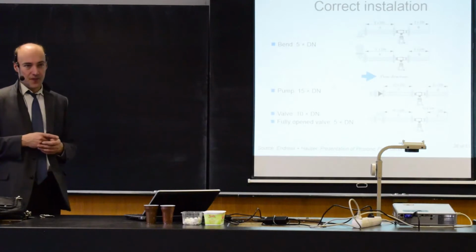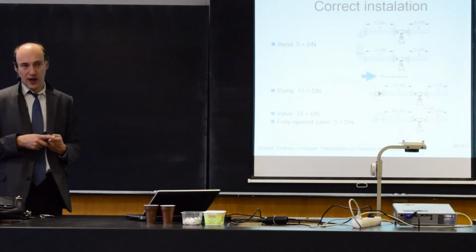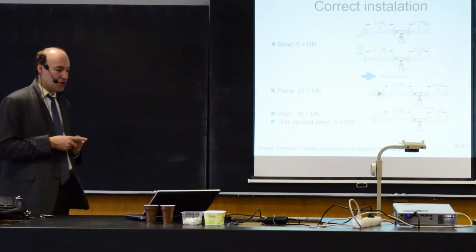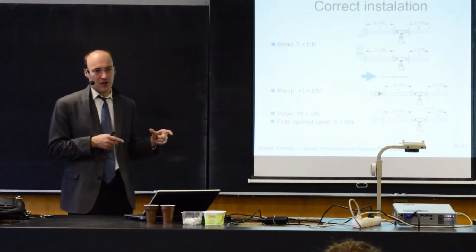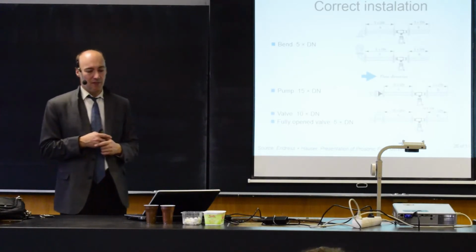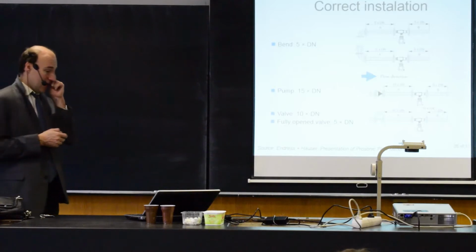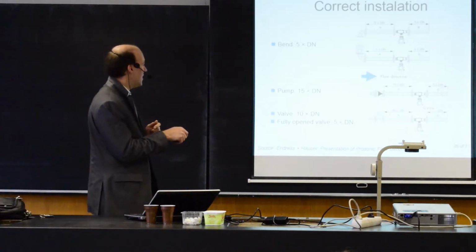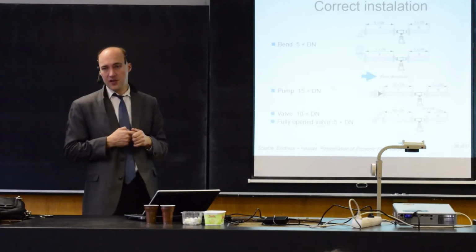The installation is less sensitive than an orifice plate, so it means that you still need to keep a distance in front of the sensor and behind the sensor, but this distance is smaller in front of the sensor. Behind the sensor, it still remains roughly 5 times pipe diameter.